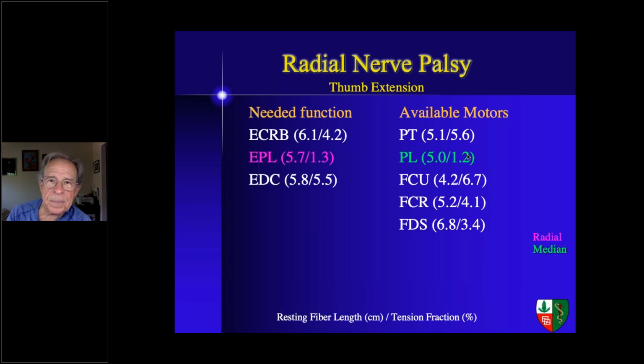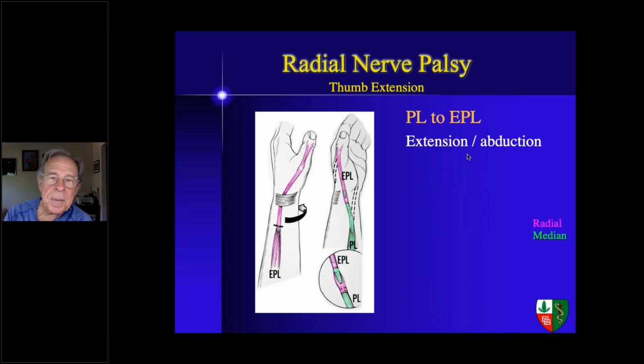And for example, here, the palmaris longus, if it's present, is a pretty good match for the EPL. And so that has been preferred by many, transfer of the palmaris longus to the extensor pollicis longus. And the routing varies from author to author. My favorite routing is to withdraw the tendon of the extensor pollicis longus by dividing it, as you see on the left diagram, withdrawing it at the MP joint of the thumb, and then routing it directly toward the palmaris longus so it has a relatively straight line of pull.